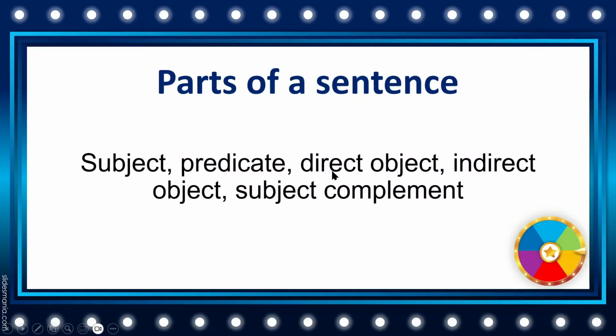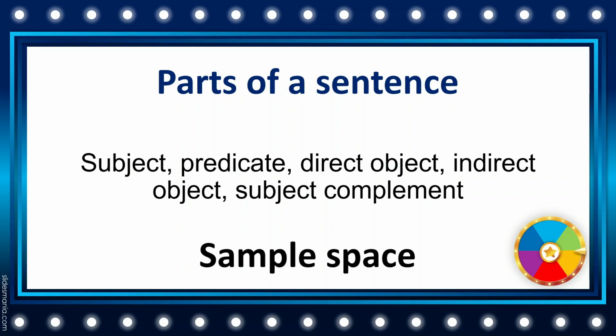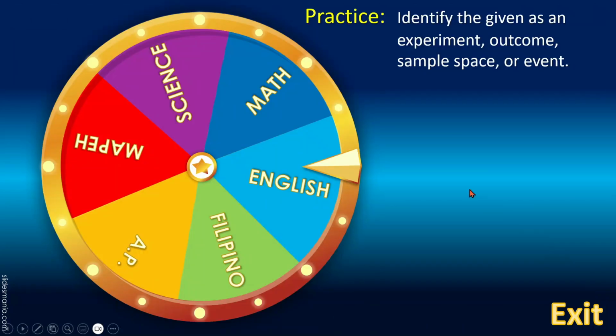Okay, for English, parts of a sentence. So if we see in a list subject, predicate, direct object, indirect object, subject complement, what is that in relation to parts of a sentence? It is technically a sample space because it includes all the possible parts of a sentence. Okay, next.